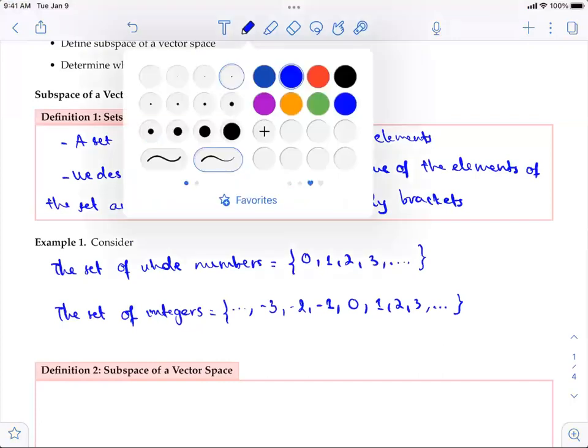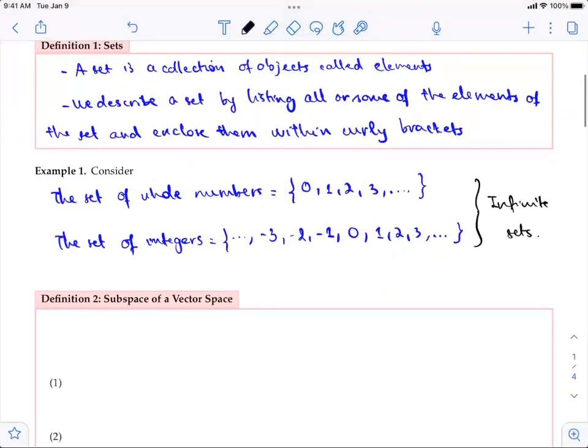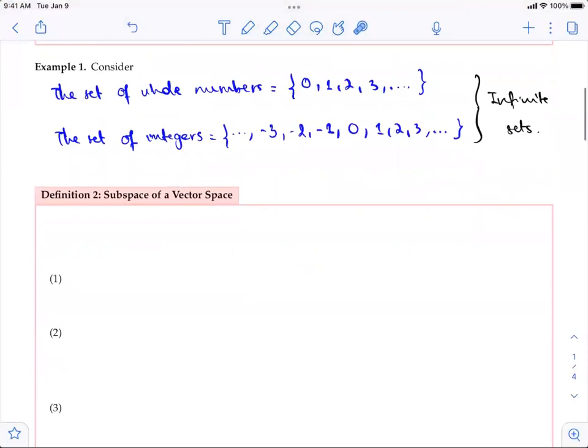We call this an infinite set, because we have infinitely many elements in the set. As you can also see, the elements of the set are written within the curly brackets. Now we can write down the definition of a subspace of a vector space.